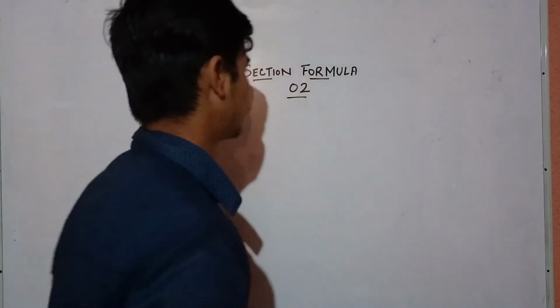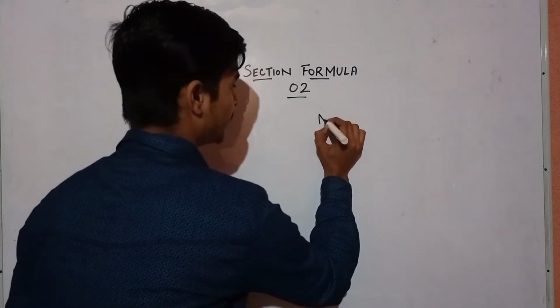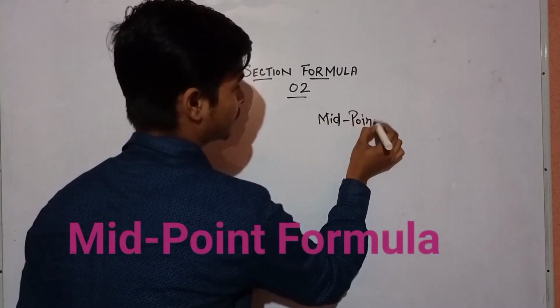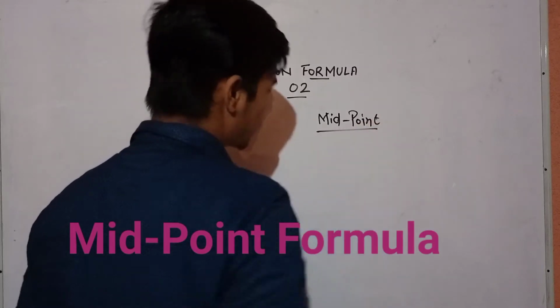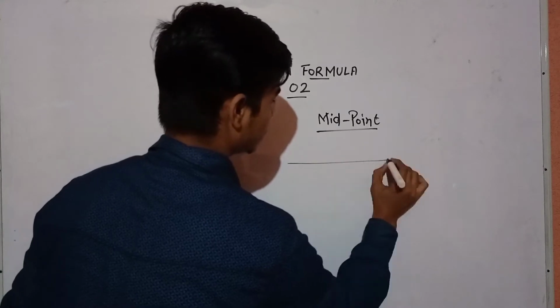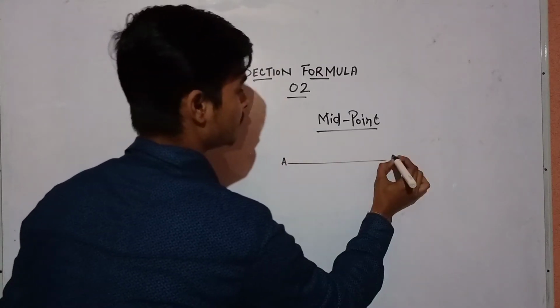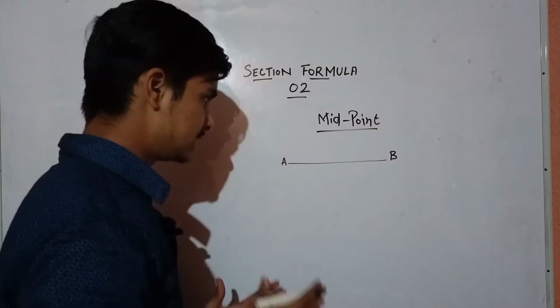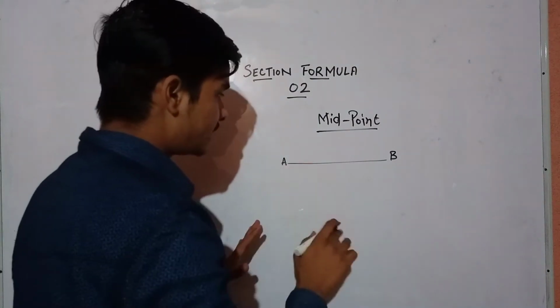Firstly, let us have a look at the formula I am talking about. It is called the midpoint formula. What is it used for? Suppose there is a line, let me call this line AB, and this line is divided by a point.